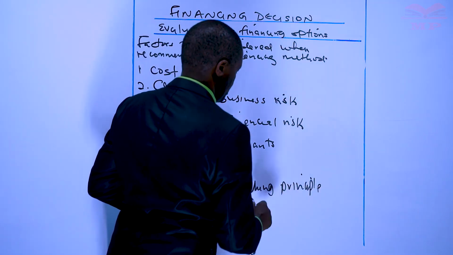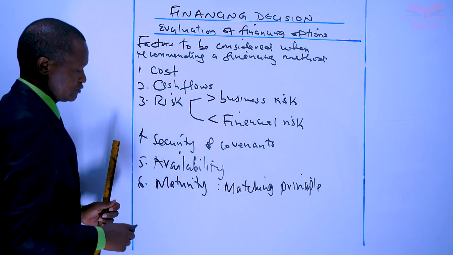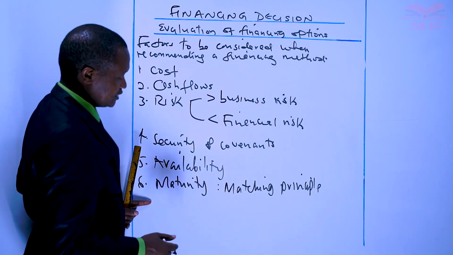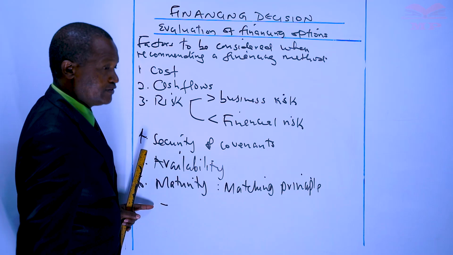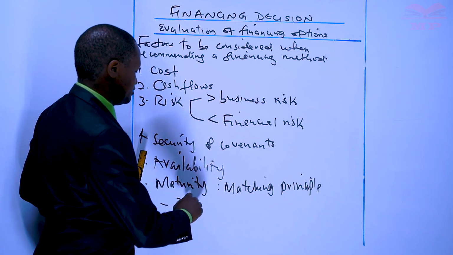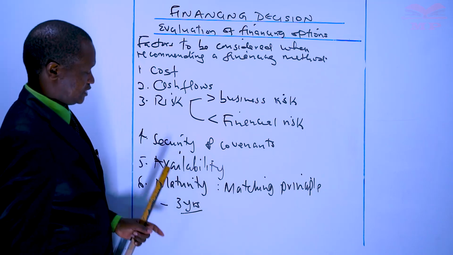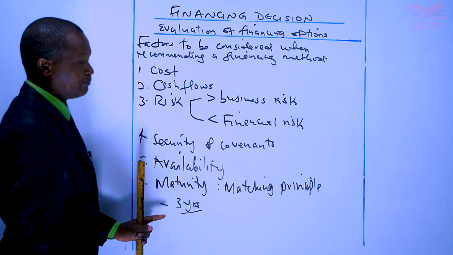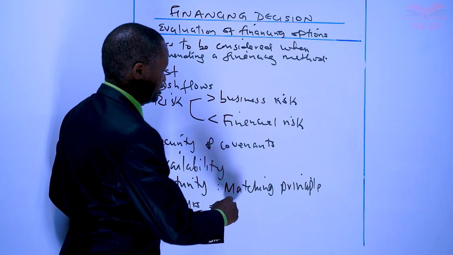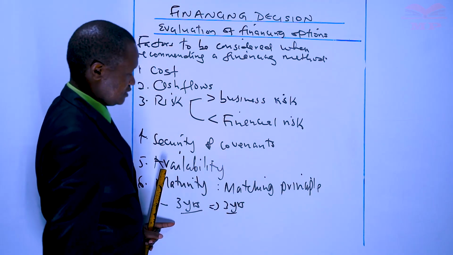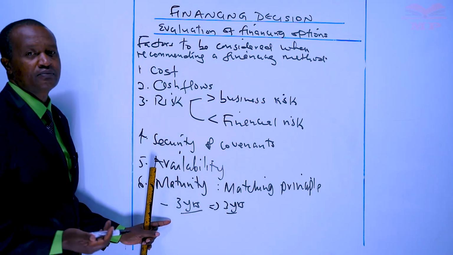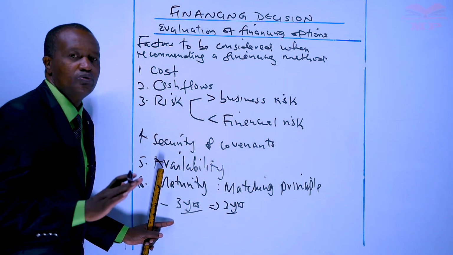Now, if, say, a loan is required to finance the activities of a company for, say, 3 years, then the maturity of this loan should be at least 3 years. This loan should mature in 3 years. That is the basic rule.